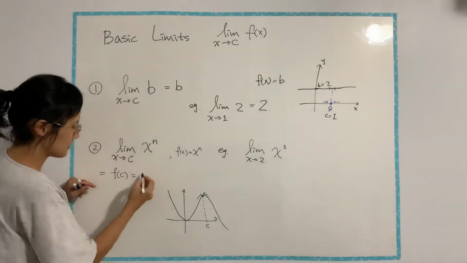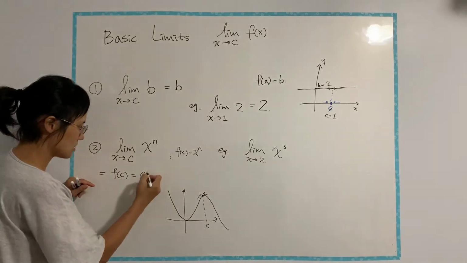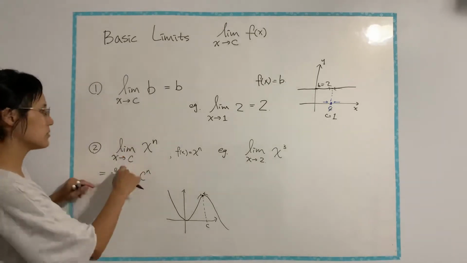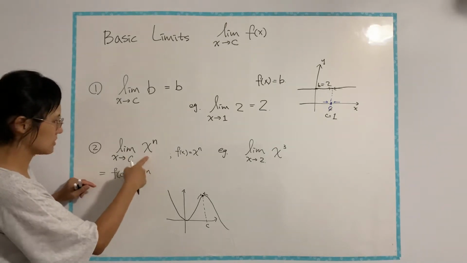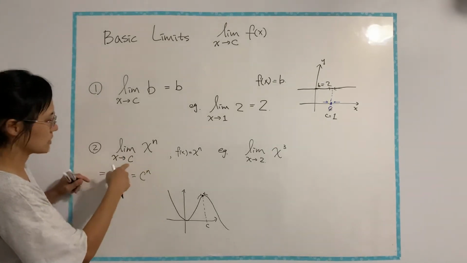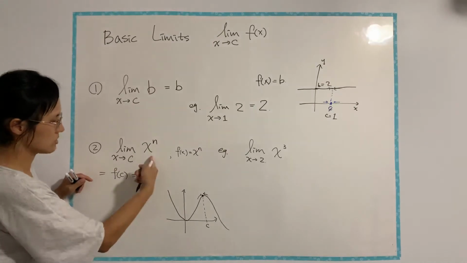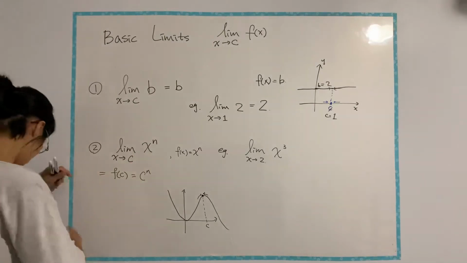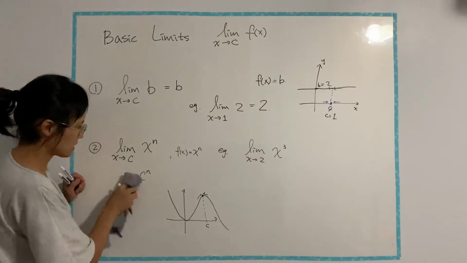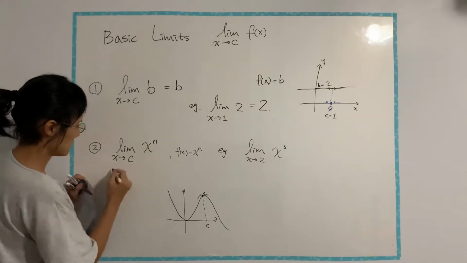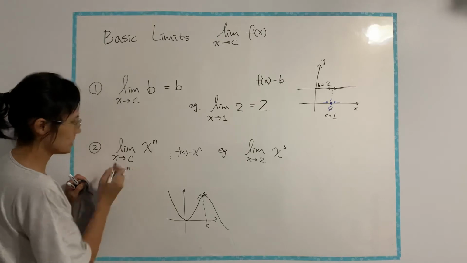What is f? f is x to the power n, so this is c to the power n. Whenever we have a polynomial or a monomial like this, when we take the limit, we simply plug c into the function. So this is c to the power n.